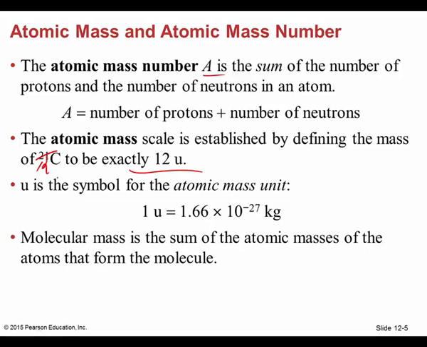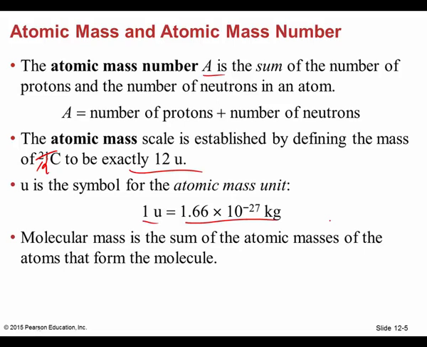It should be carbon-12. And it comes out to be exactly 12 atomic mass units, 12 AMUs. And here they define what 1 AMU is in mass. Notice it's 1.66 times 10 to the negative 27 kilograms, which, by the way, is very close to the mass of a proton and a neutron. Very, very close, okay? Hopefully that jumps out at you there.